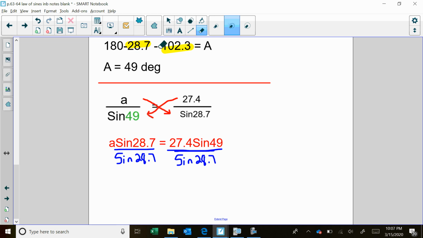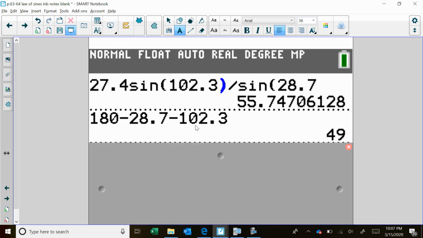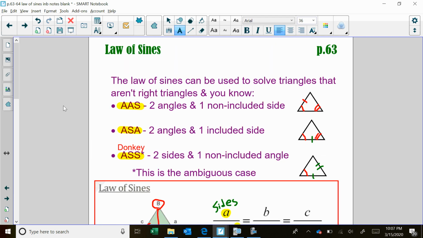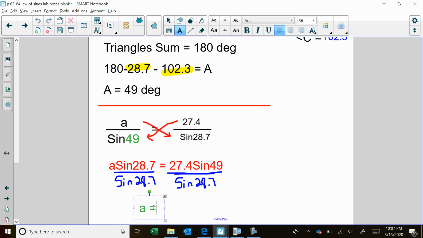These right here will cancel, leaving us with little a is going to equal our calculation of 43.1, which finishes off that problem for us. So we got little a at 43.1 degrees.